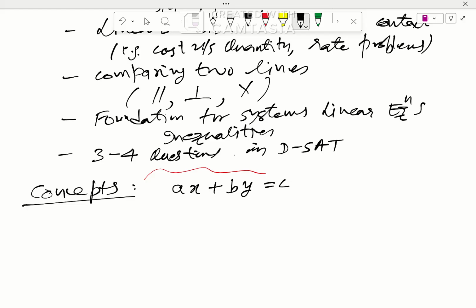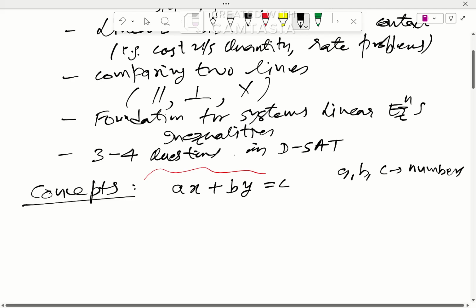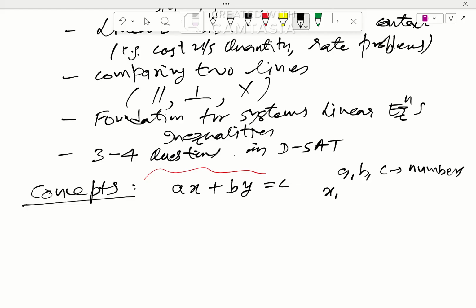As you all may know, a, b, c are some numbers. They could be integers, they could be real numbers. And what are x and y? X and y are unknowns, or you can say the variables, which can change their value.